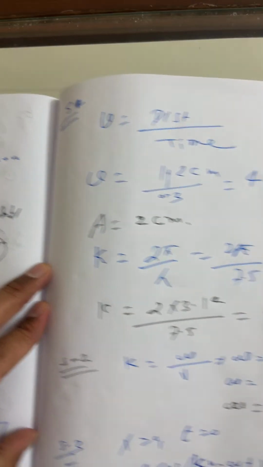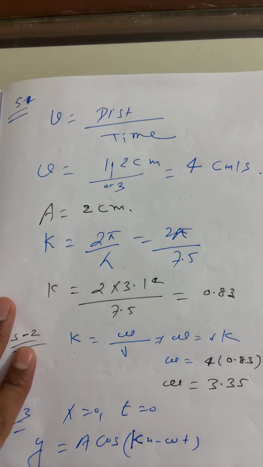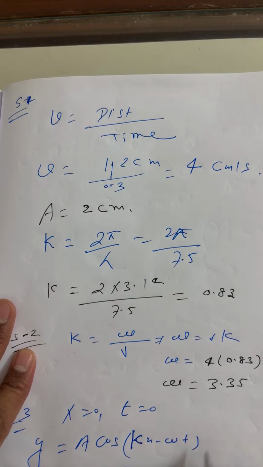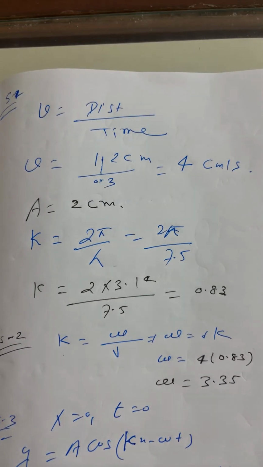Here a is the amplitude, which is 2 centimeter, cos of k into x, where k is what we already found, 0.83x, minus omega t, where omega is 3.35 into t.